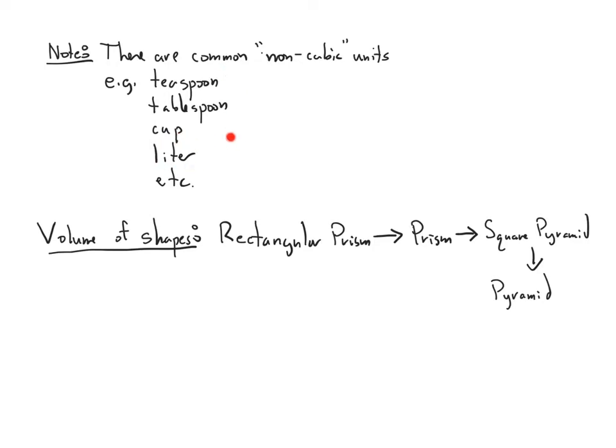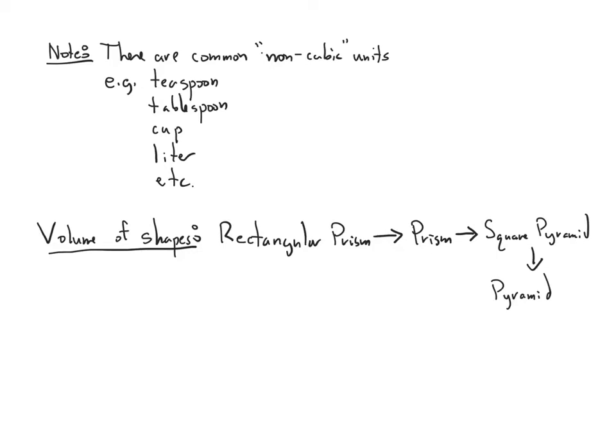These guys are imperial measurements, but liter is a standard metric measurement, but it's not expressed as some distance cubed. But that's okay. I'll tell you the conversion if we ever need to do that. But just note that sometimes you will see non-cubic measurements here.